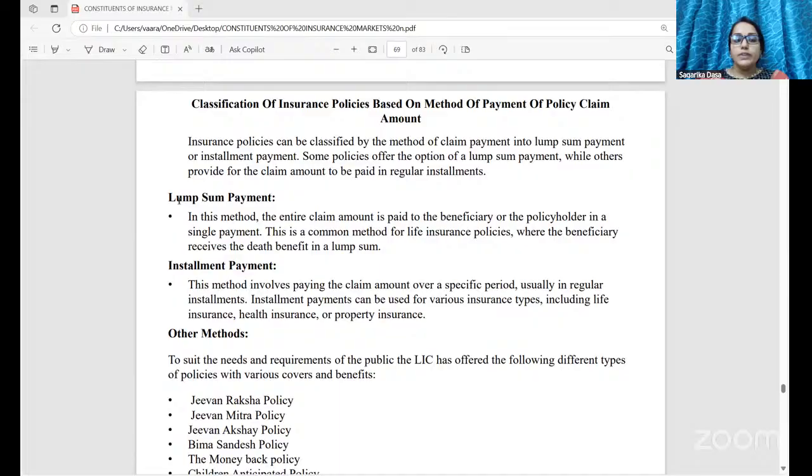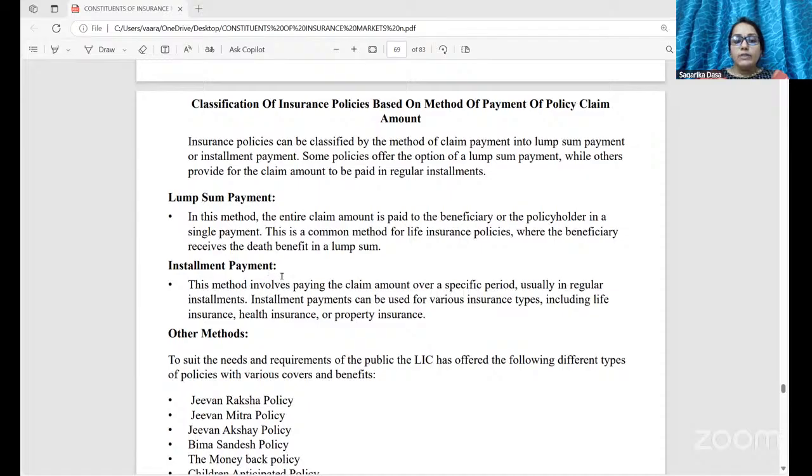The first method we have is the lump sum payment method, and the second one is installment payment. Lump sum payment: in this method, the entire claim amount is paid to the beneficiary or the policy holder in a single payment. In lump sum, a single payment will be made by the insurance company to the policy holder.